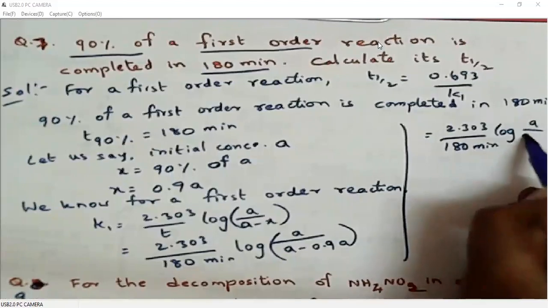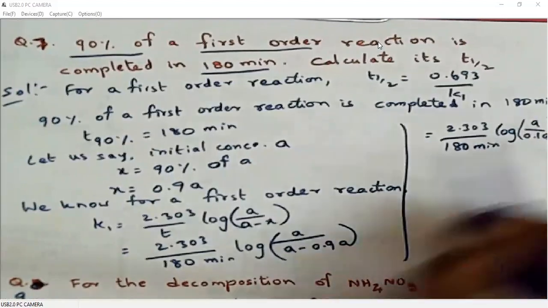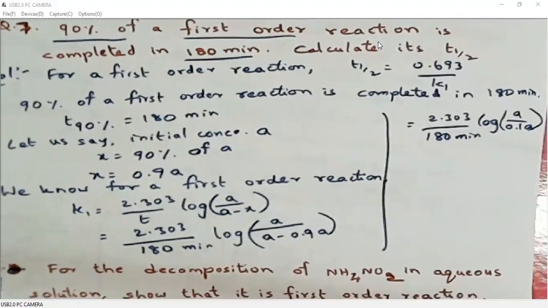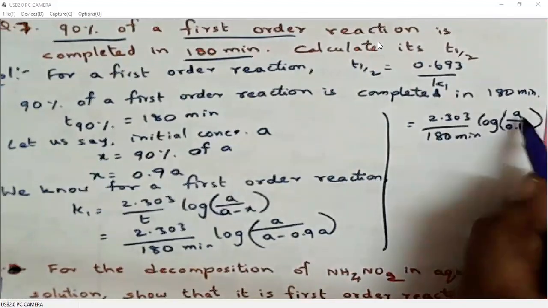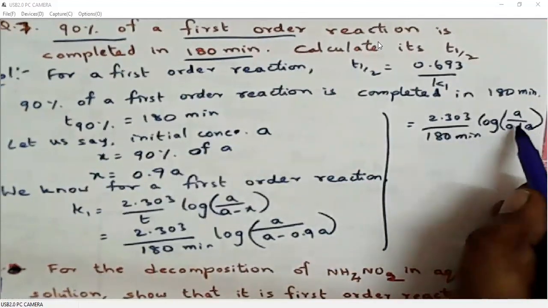So A by 0.1 A. A will get cancelled. We will have 1 by 0.1.